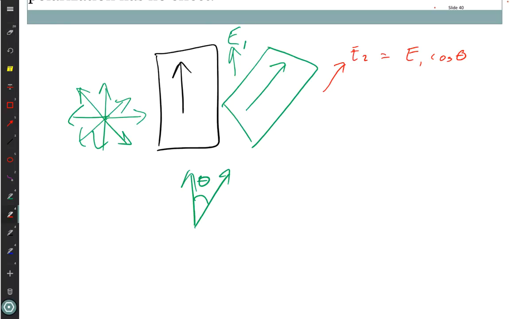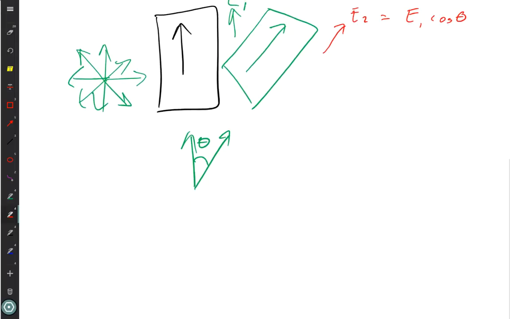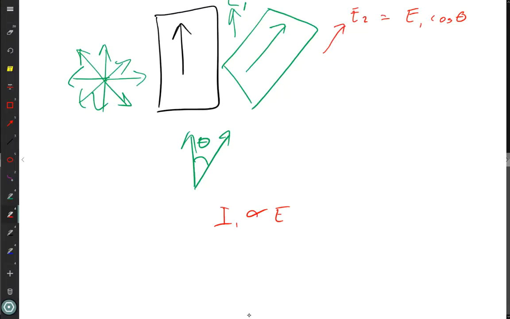Now, the intensity of light, the thing that we interpret as how bright it is, is proportional to the electric field squared. So intensity 1 is proportional to electric field 1 squared. Intensity 2 is proportional to electric field 2 squared. And as we did earlier in the lecture, I could put this as I1 equals C E1 squared, I2 equals C E2 squared.